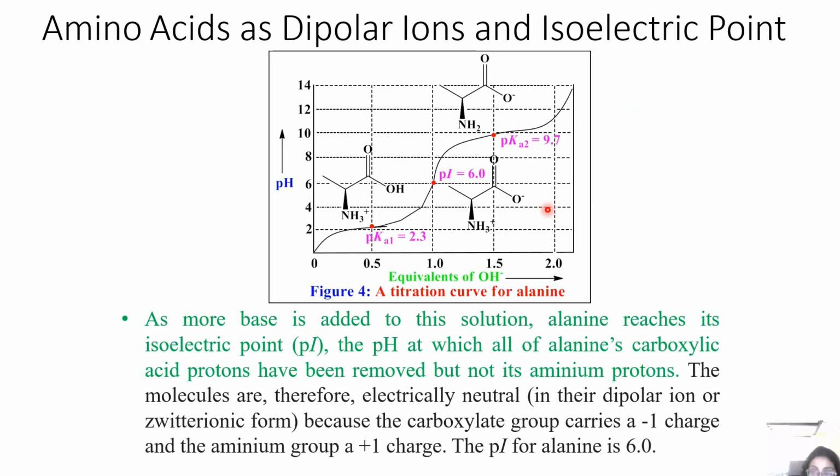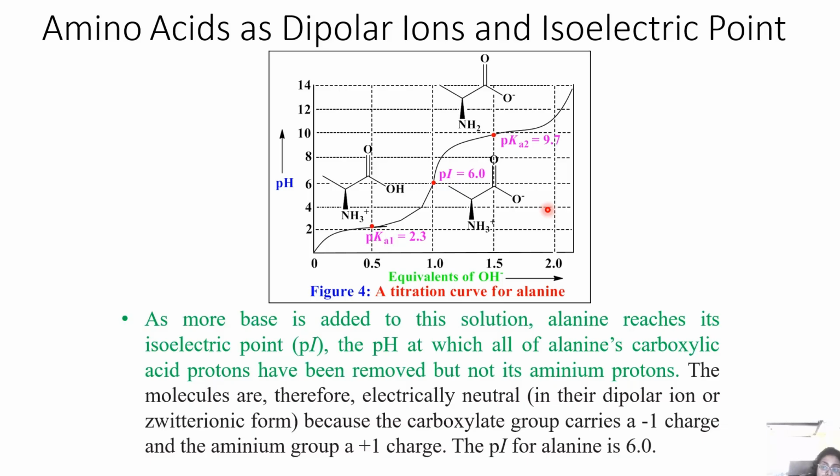Now, as more base is added to the solution, alanine reaches its isoelectric point, the pH at which all of alanine's carboxylic acid protons have been removed, but not its aminium protons. The molecules are therefore electrically neutral in the dipolar ionized zwitterionic form, because the carboxylate group carries a -1 charge and the aminium group carries a +1 charge.